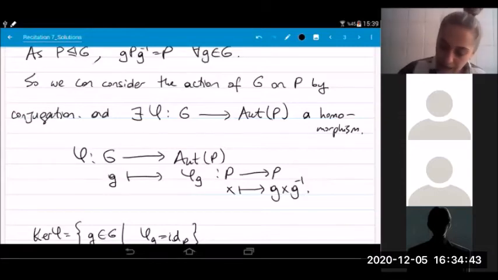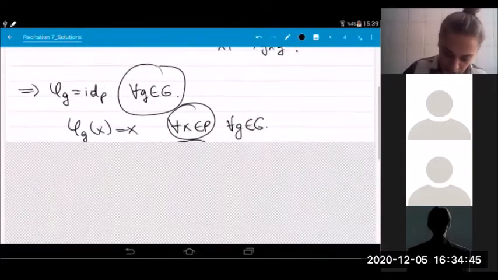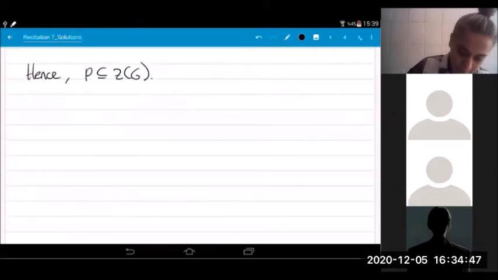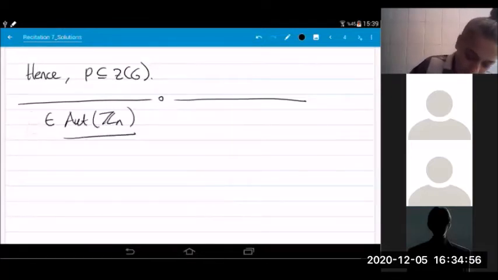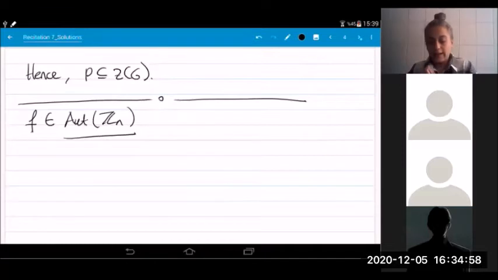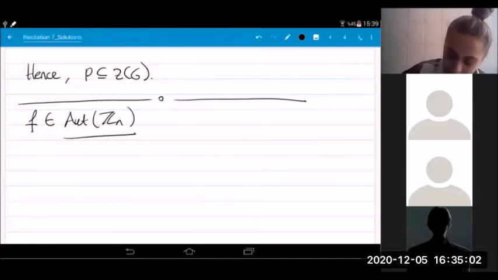Orada şöyle bir şeyle karşılaşmıştık. Dedik ki, if we consider automorphisms of Zn, let us take an automorphism. Let F be an automorphism of Zn, and let us take an element X from Zn.